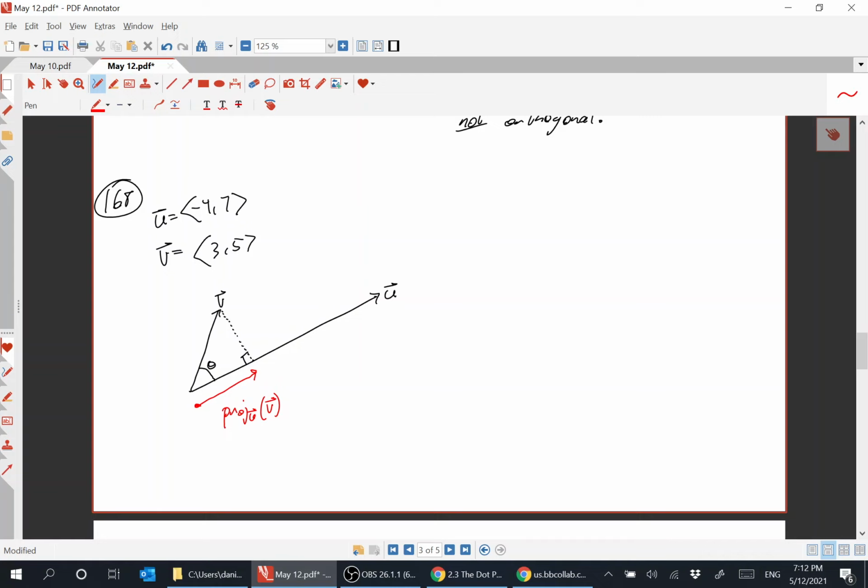And we have a little bit of a formula for that. Do we remember? You can memorize the formula, it's fine, but let's rederive it. What's the length of this red line here in terms of V and theta?